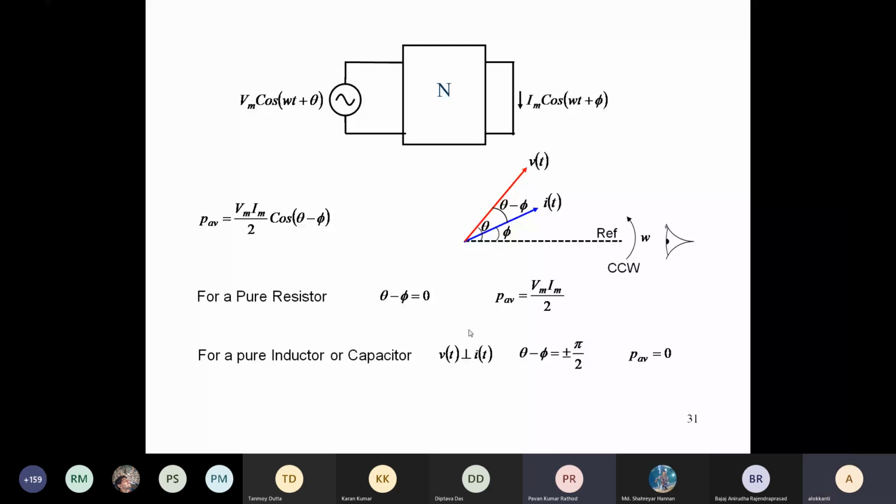So this is basically the concept of power in AC circuits. We will do more on power. We have just introduced the concept of instantaneous power, because both voltage and current are functions of time, and along with it the concept of average power.